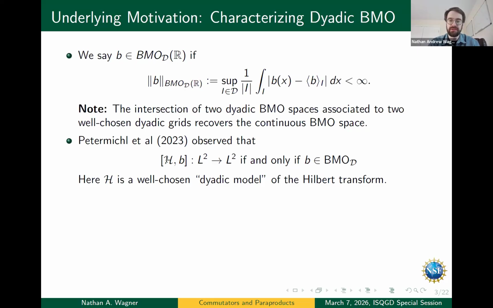So the operator H is really a tensor product of H with itself because we're in the biparameter setting. But I don't believe this was actually written down in the literature, even in the one parameter setting, before this paper came out. So the point is we can characterize dyadic BMO using dyadic operators, just like we characterize continuous BMO with the ordinary Hilbert transform.